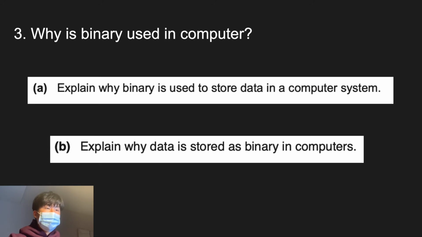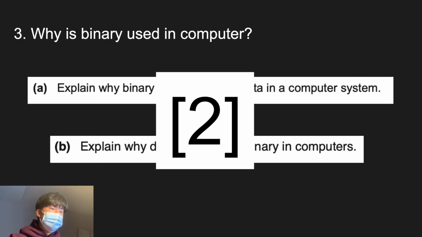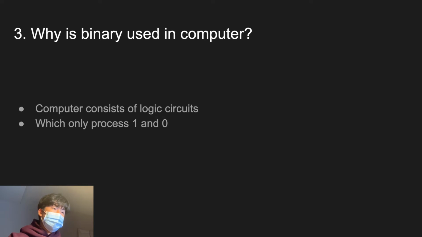And it is usually a 2-mark question, and you can answer with only one sentence, but you just have to memorize these 2 points. Computer consists of logic circuits, and those logic circuits only process 1 and 0. So for the question, you can just write computer consists of logic circuits which only process 1 and 0. And that's why we use binary for computers.